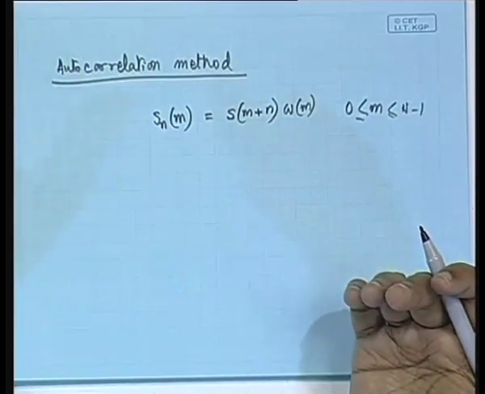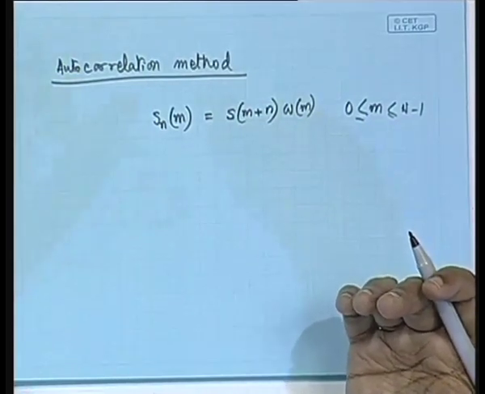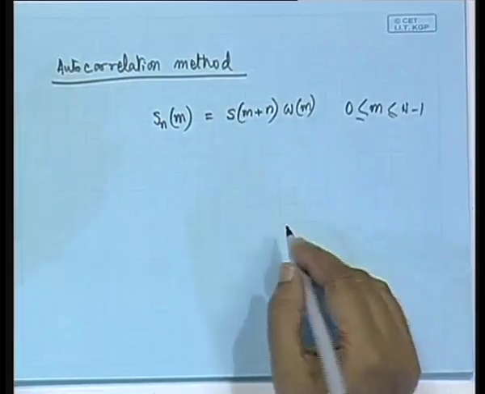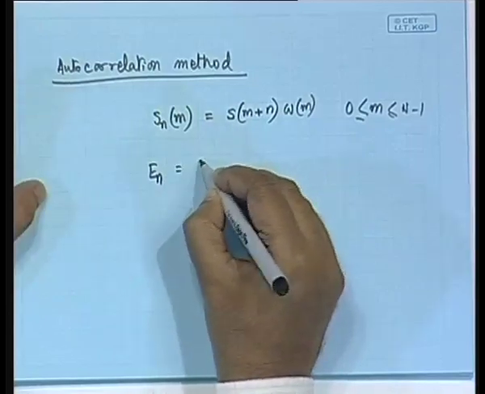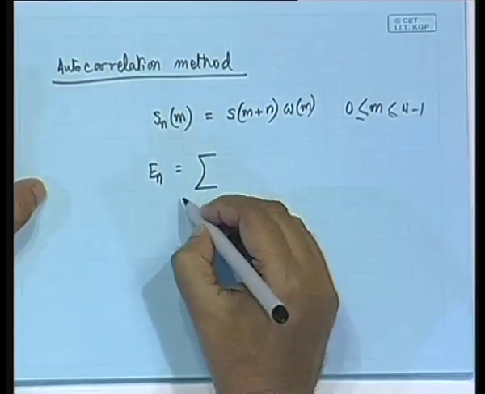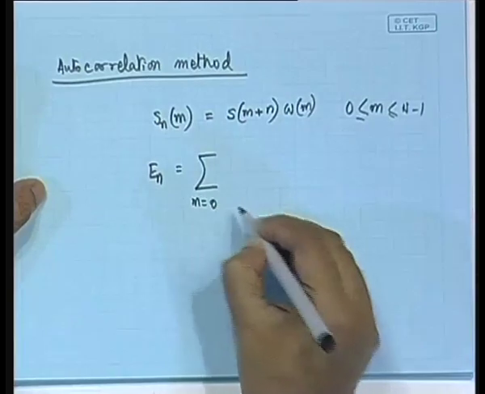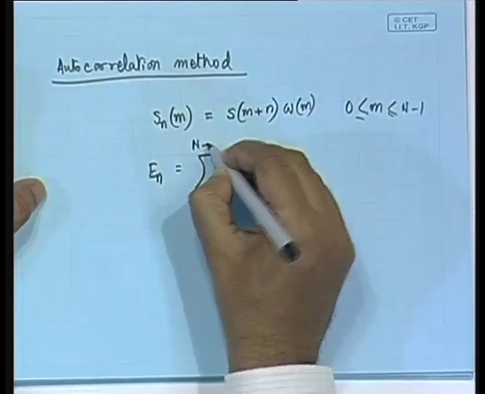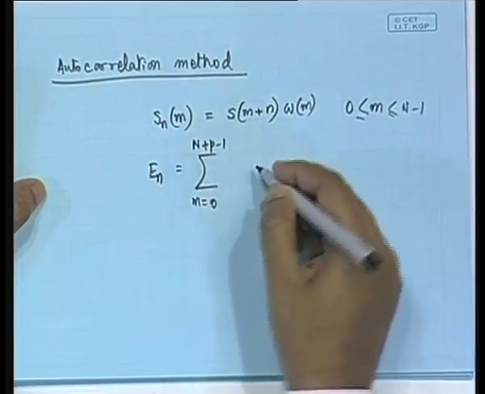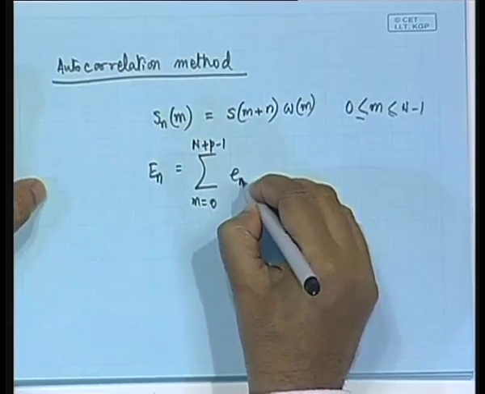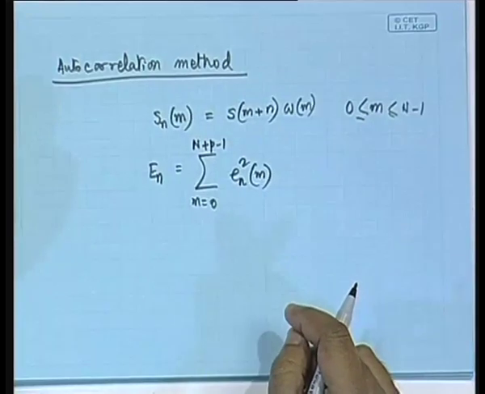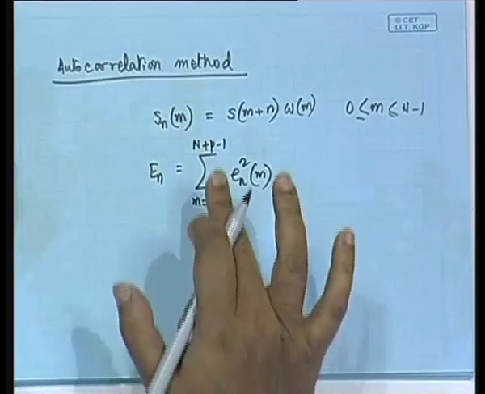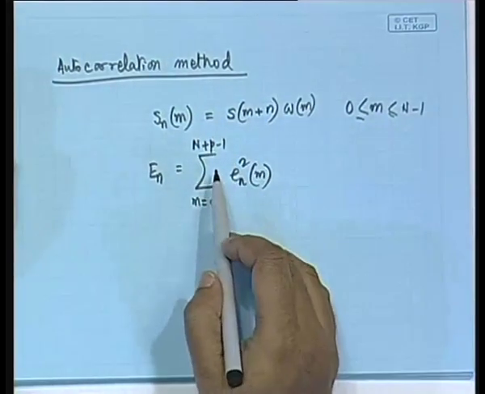And if we take a short time segment like this, then we can define the error E of n to be the summation m is equal to 0 to N plus p minus 1 of e n square m. Now, please be careful about this limit.